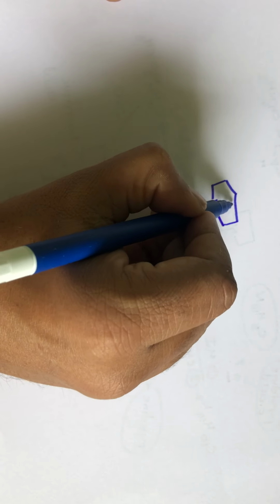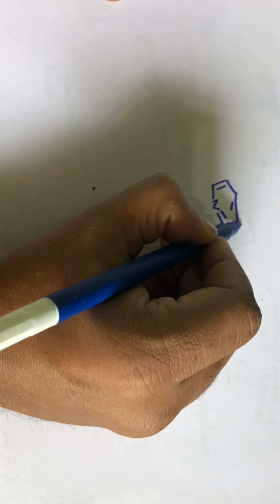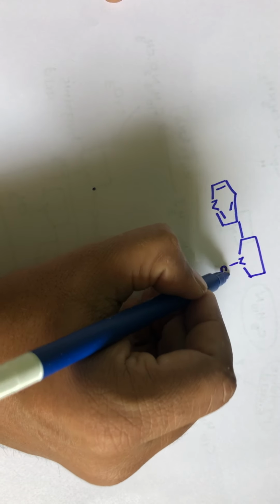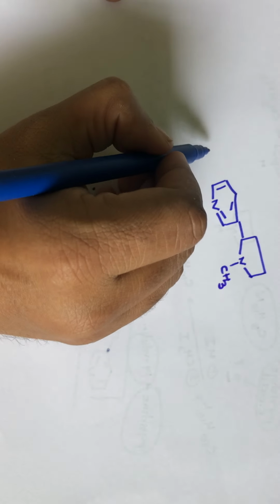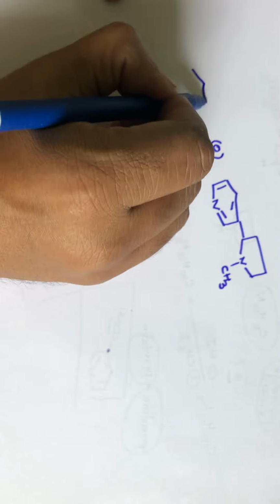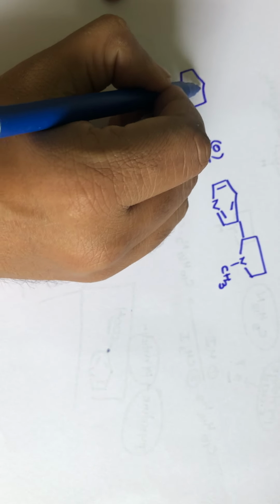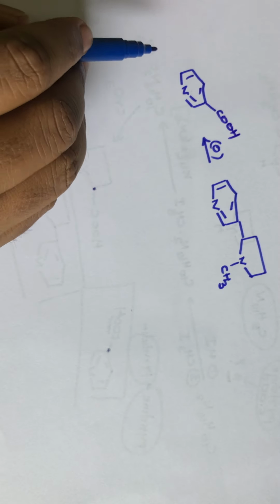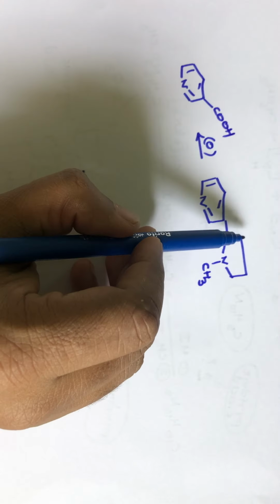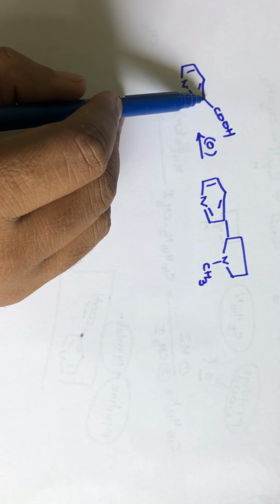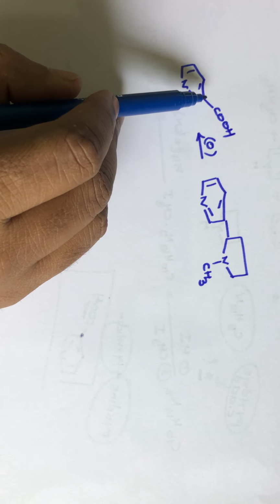This is nicotine. Nicotine on oxidation gives you nicotinic acid. We have discussed this. In this process, this nucleus is getting oxidized and we are getting a substituent at this position. That means the point of attachment is this.